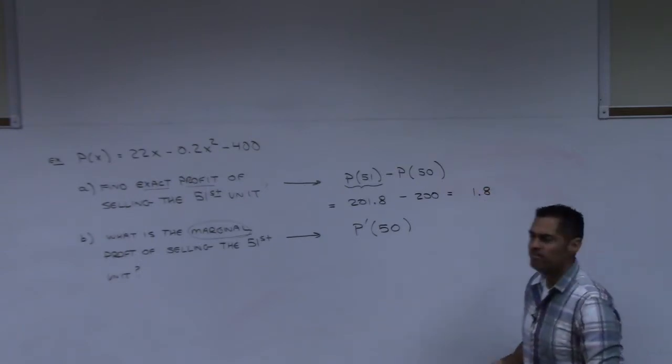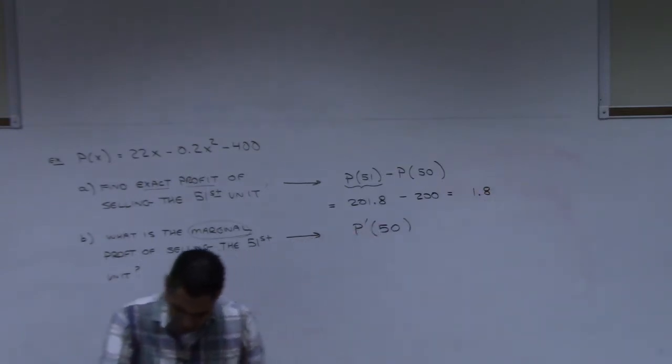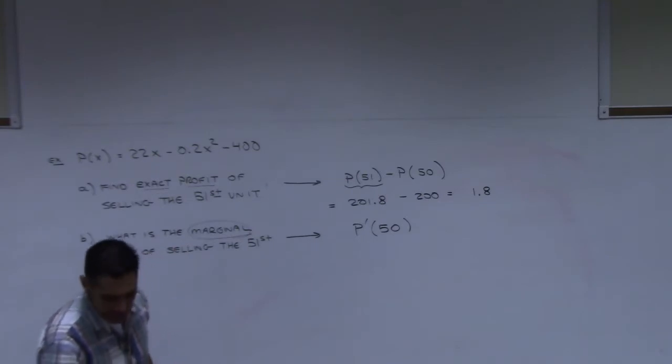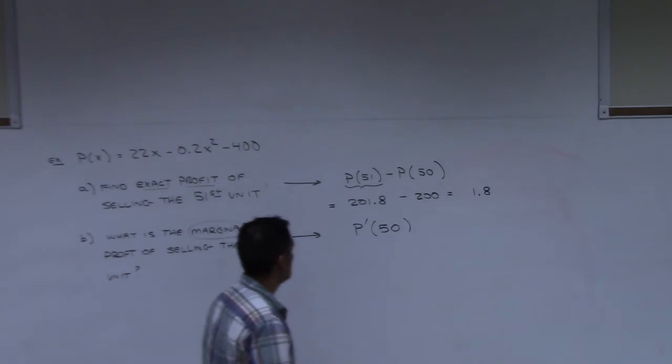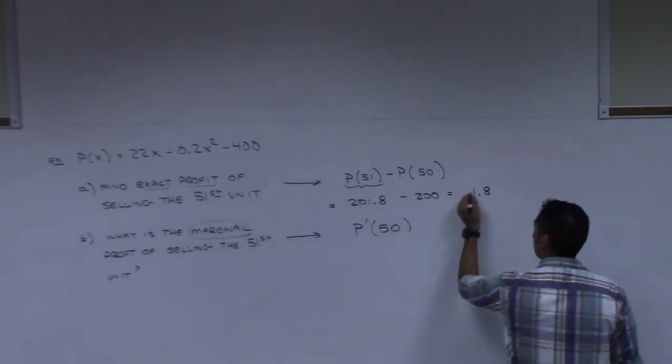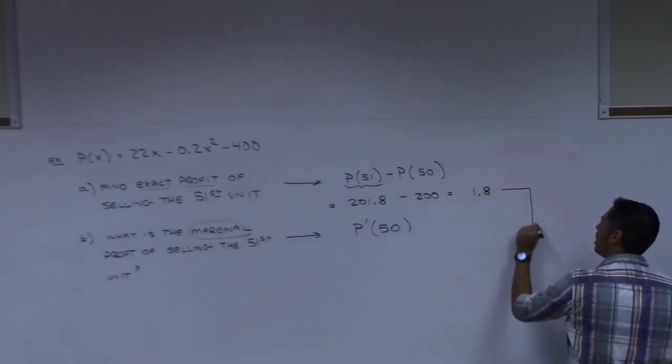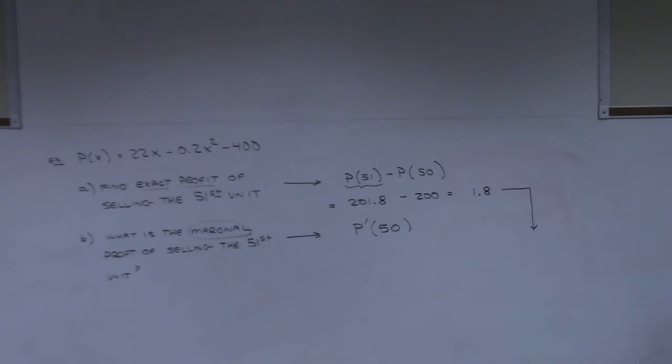1.8. And I believe it tells you in the problem that it was in dollars. So what does this mean? How can I interpret this answer, 1.8? What's my interpretation of this answer? Profit is increasing.